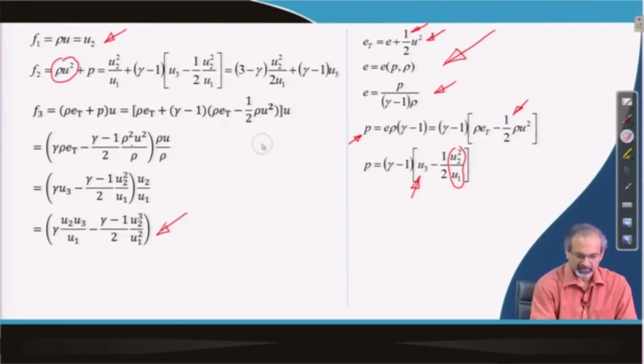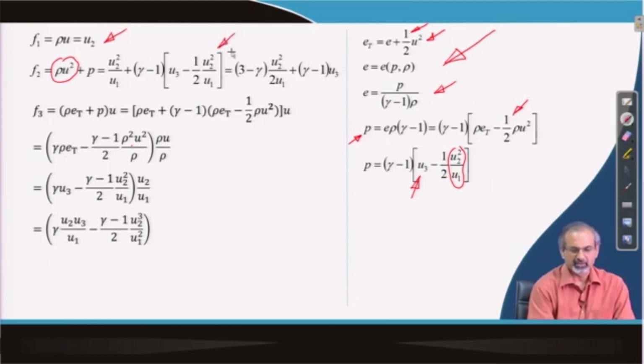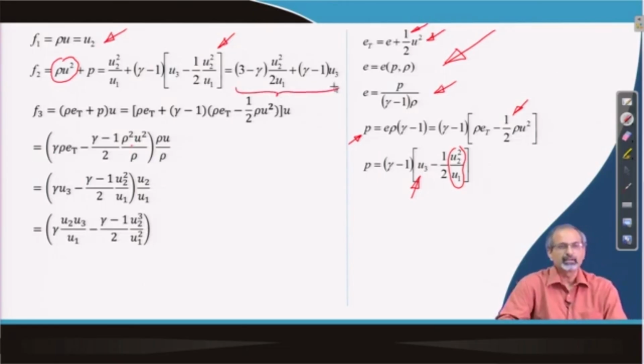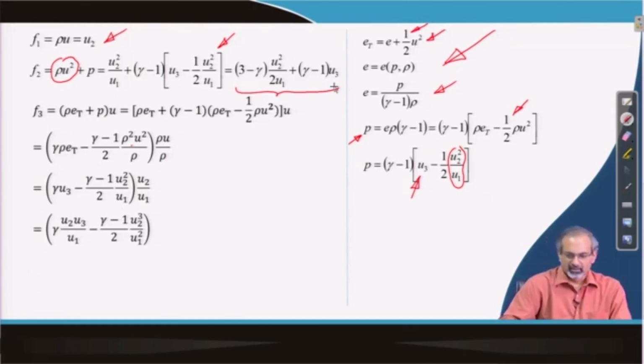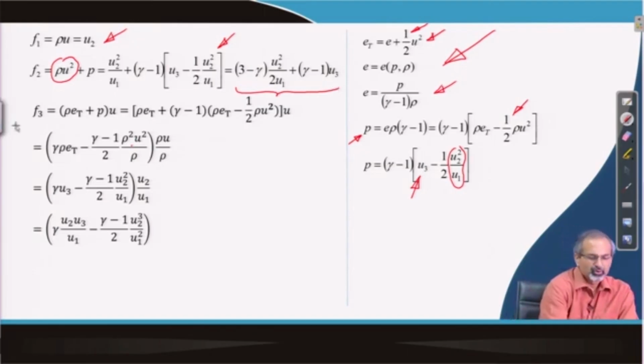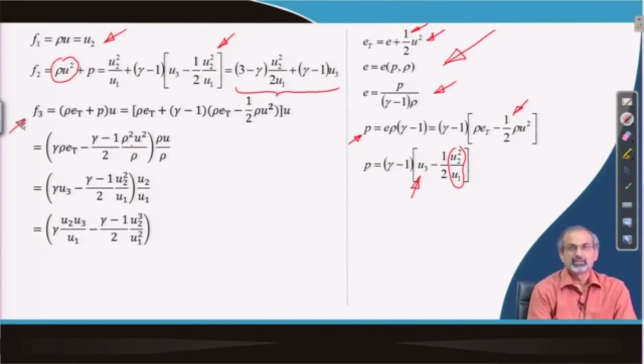We were looking at the second equation. We will go back to this. It is plugged in over here, and then we club the terms together. So, you now have the functional dependence of F2 on U1, U2 and U3, right. Having said that, we go to the F3 part now, and then using a very similar approach we try to proceed.